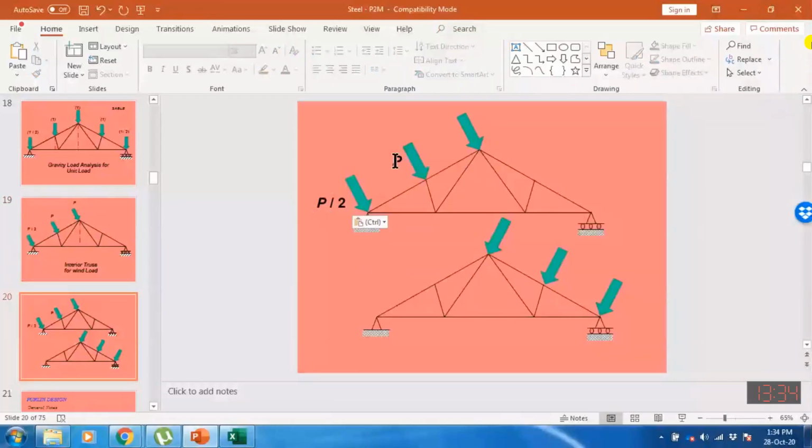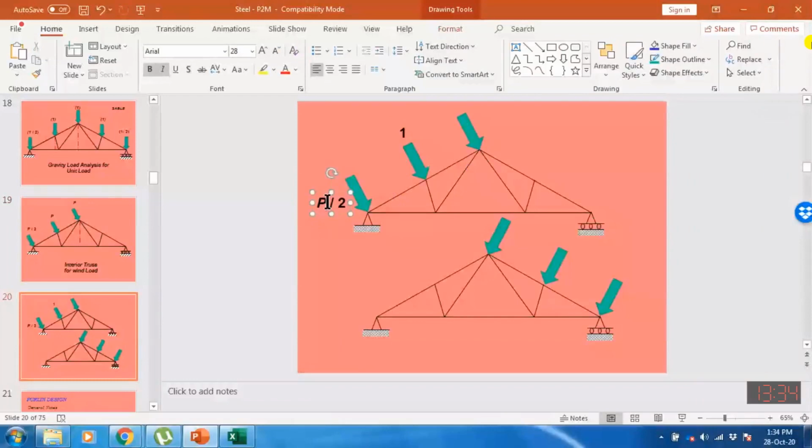For the wind load analysis, you need to consider the load acting perpendicular to the surface. So this load will be half, and similarly this load will be half. Why this load? Because no panel is available on this side and also no panel is available on this side. So this joint is surrounded by the panel on both sides.